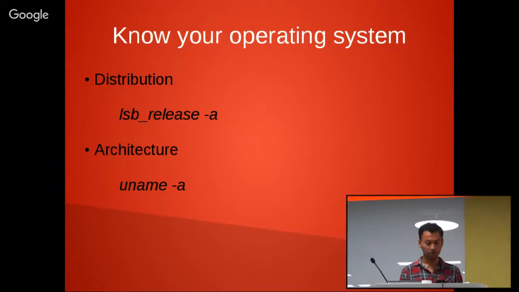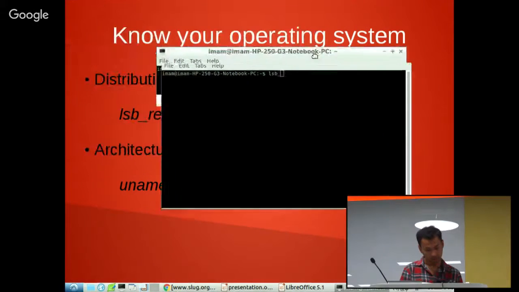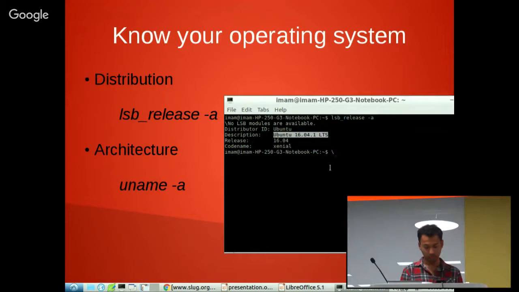You could use these two commands to find out your distribution. lsb_release -a will tell you what distribution you have. Especially, I'm guessing you'll be using Ubuntu, so you'll find out which release of Ubuntu you're using. I'm using 16.04 LTS, as you can see.